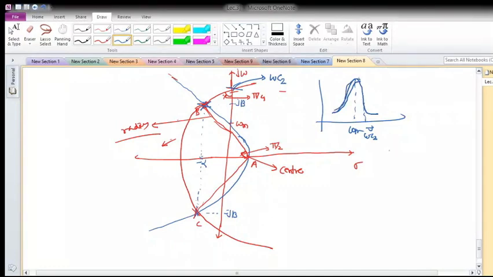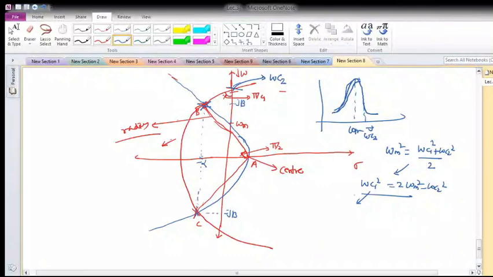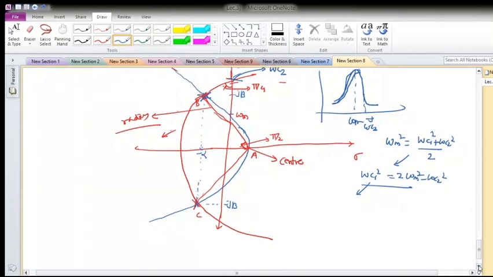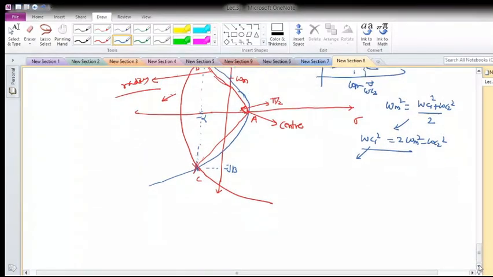So omega m square will be equal to omega c1 square plus omega c2 square over 2, and from that you can calculate omega c1 square, which will be 2 omega m square minus omega c2 square. This way you can obtain the resonant frequency, and also calculate the half power points, that is cutoff frequencies omega c1 and omega c2.